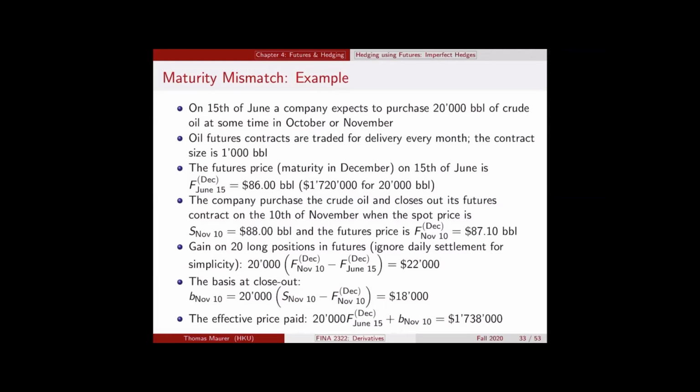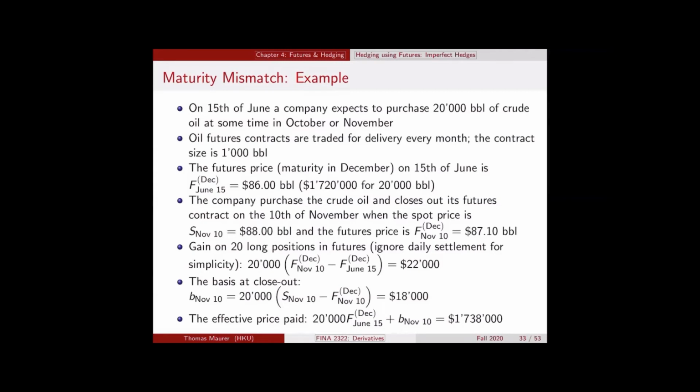And now the price of the crude oil in the spot market is $88 per barrel. And the futures price of that contract with expiration in December is $87.10. So notice that the futures price is not the same as the price of the underlying asset in this case, because the futures price still has some time left to maturity, and therefore it has not yet converged to the price of the underlying asset.